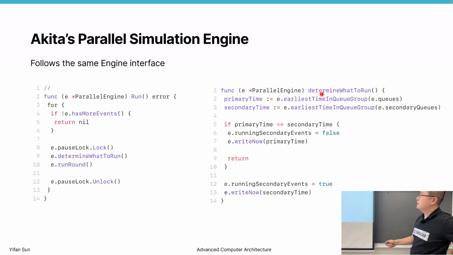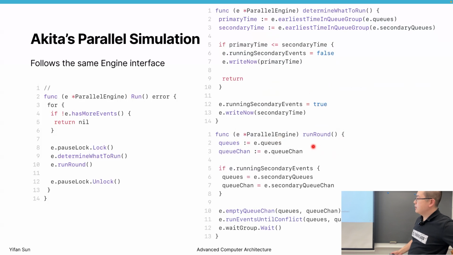So we find the earliest time in the primary queue and the earliest time in the secondary queue. If the primary queue time is earlier, then we consider we're running primary events. Otherwise, we're running secondary events. But here we only say, this is the time of the next round that we need to execute. Okay.